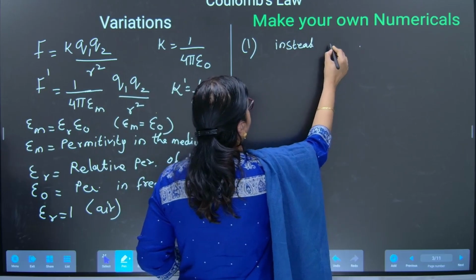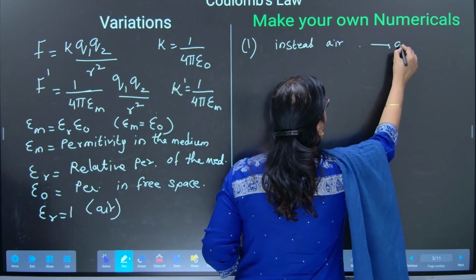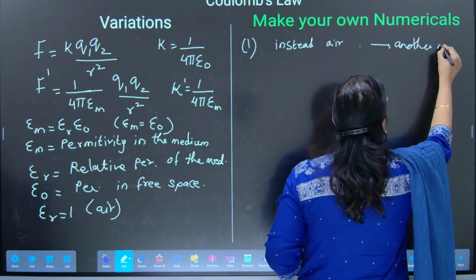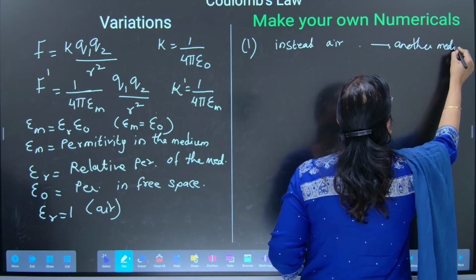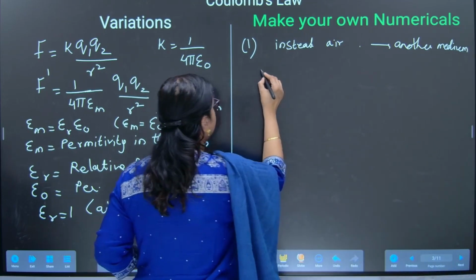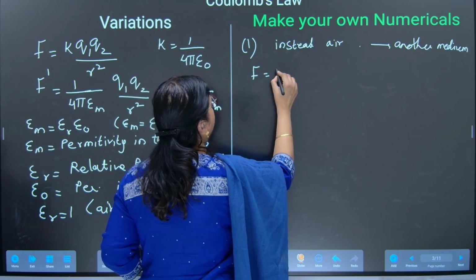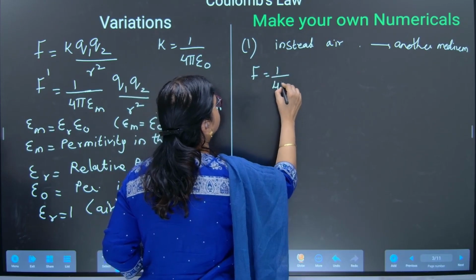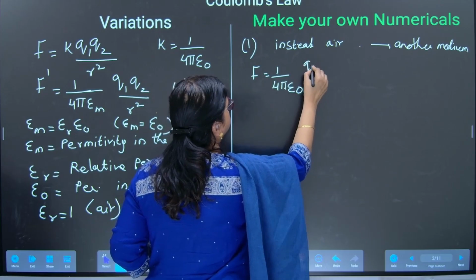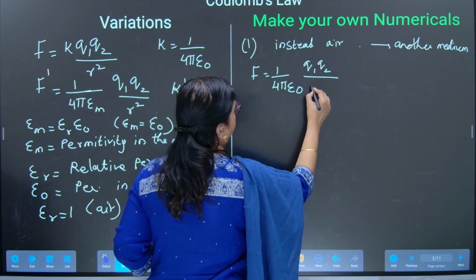Let us consider the first variation: instead of air, there is another medium. Then what is the variation in the force? Is it going to be more compared to that of the air, or is it going to be less compared to that of another medium other than air?